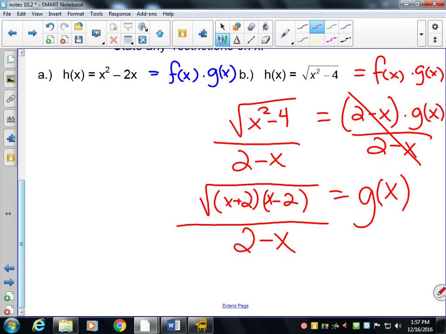We can't cross anything off, right? Can we do something? Could that just be what g of x is equal to, you guys? Negative x plus 2.